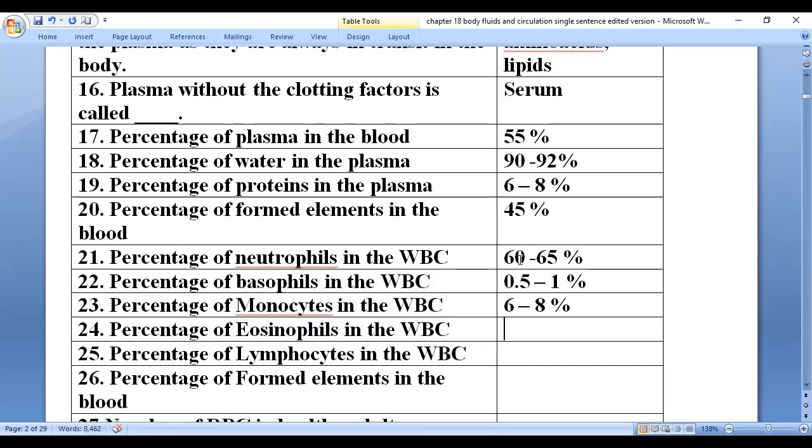Percentage of acidophils or eosinophils in the WBC, 2 to 3%. Percentage of lymphocytes in the WBC, 20 to 25%. Percentage of formed elements in the blood, 45%.